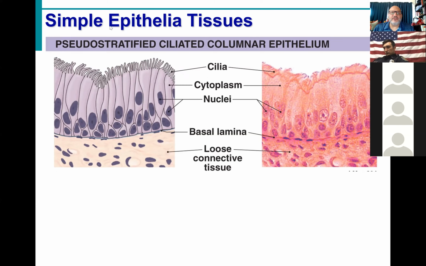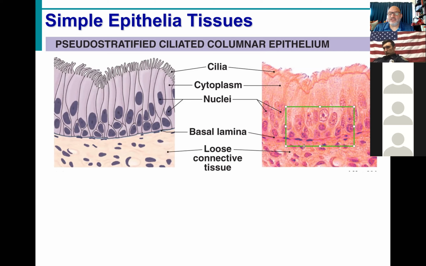What I want you to do right now is to focus right here at this tissue. Because when you focus right here on this tissue and we move to our stratified tissues, when you look at the basal layers of our stratified tissues, the basal layers of this ciliated pseudostratified tissue, they're all going to look the same.